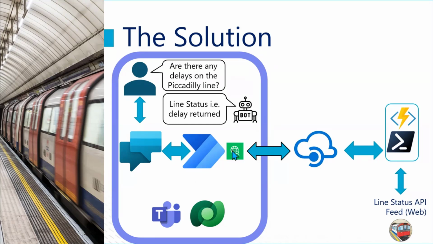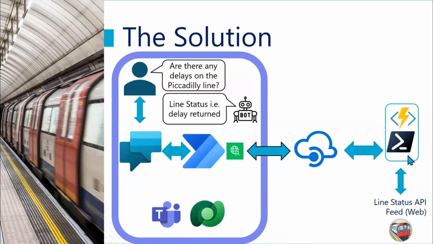which then connects to a custom connector, and that's where it gets exciting. The custom connector then goes out to my Azure tenant and connects to the Azure Management API instance, which then connects to an Azure function. The Azure function then runs some PowerShell, which via a web request connects to the London Underground line status API to provide the line status.